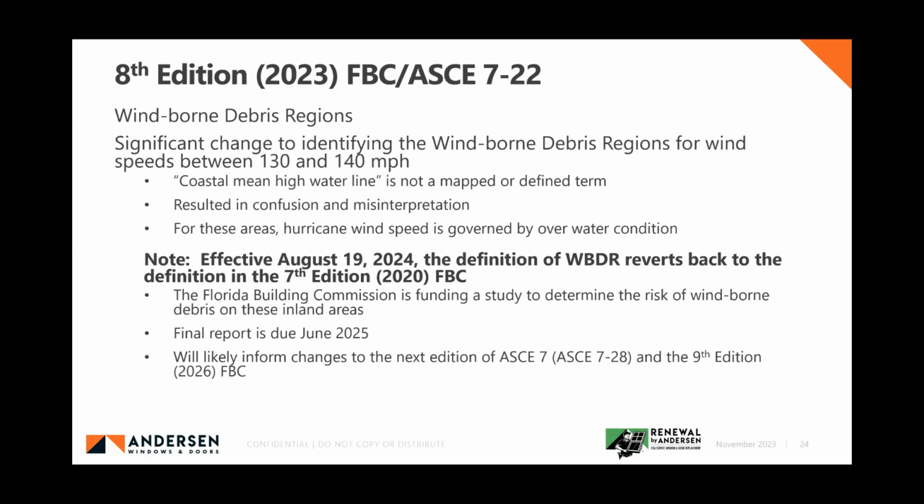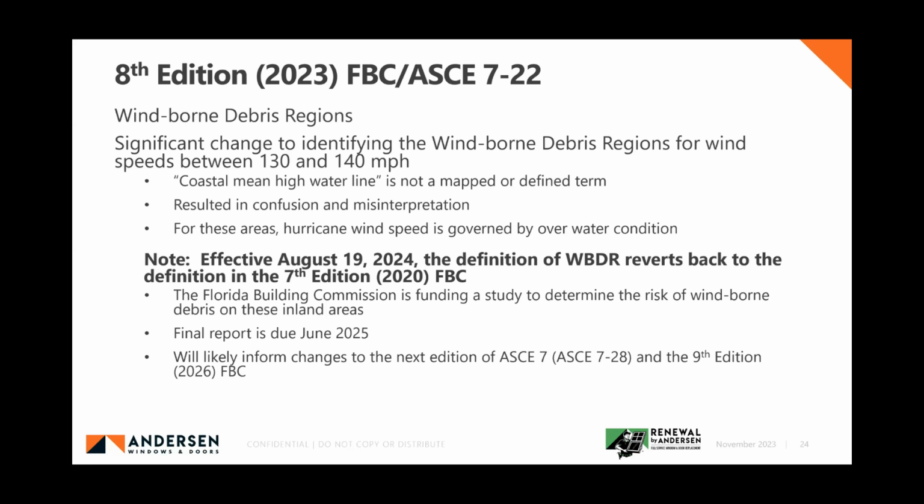There was a change in the 8th edition 2023 Florida Building Code, and also in ASCE 7-22, and it's in the I-Codes. Essentially, what the change did was not really shift the windborne debris region by wind speeds. It changed what areas qualify in that 130 to 140 range.